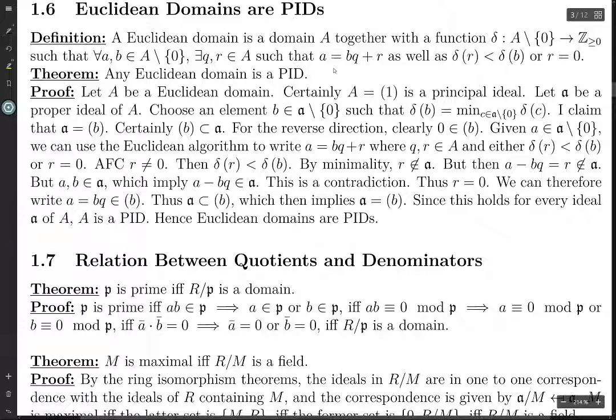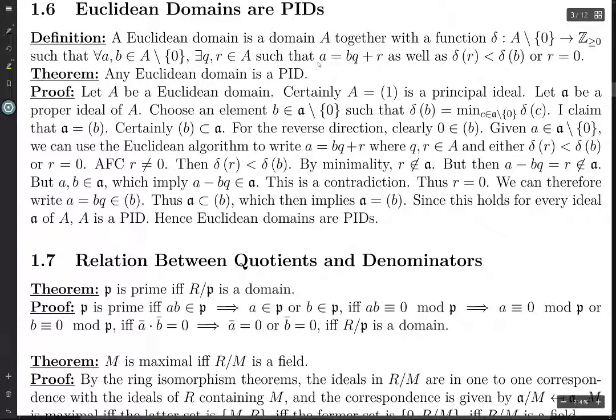Alright, so remember, what's a Euclidean domain? It's a domain with a function delta for distance, or like a norm. I wish it was a norm. Norms are nice. I like norms. I miss norms. Such that for every non-zero element A and B in the ring, we can take A and divide it by B with remainder.